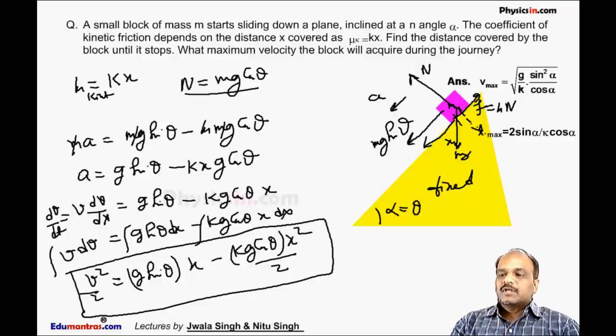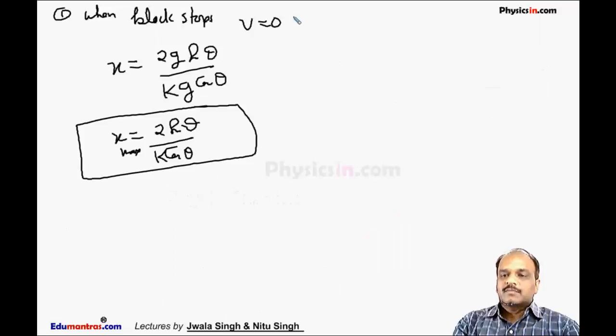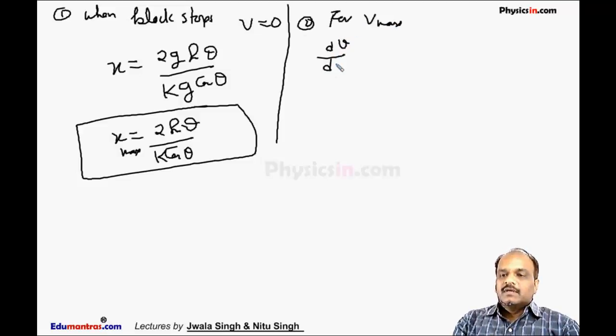Now what is the maximum speed acquired by the particle? For Vmax, we know the speed is maximum when dv by dx is 0.